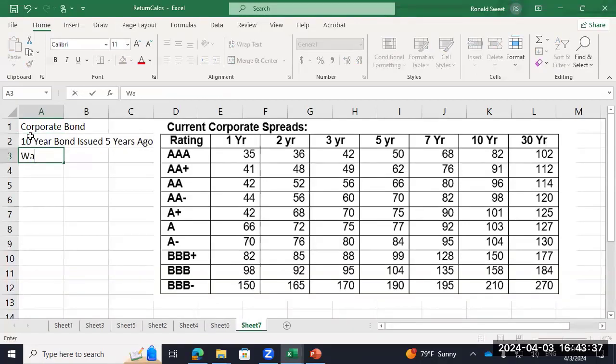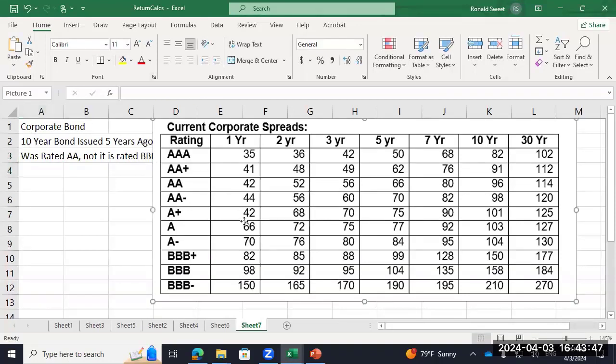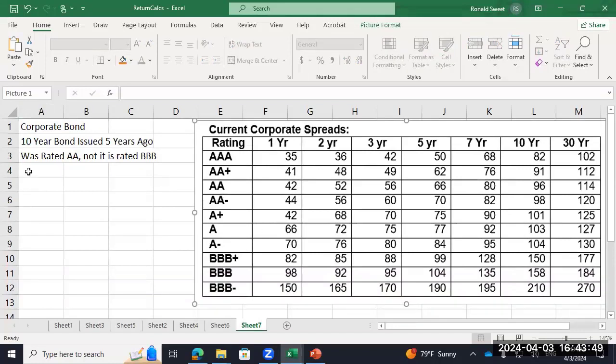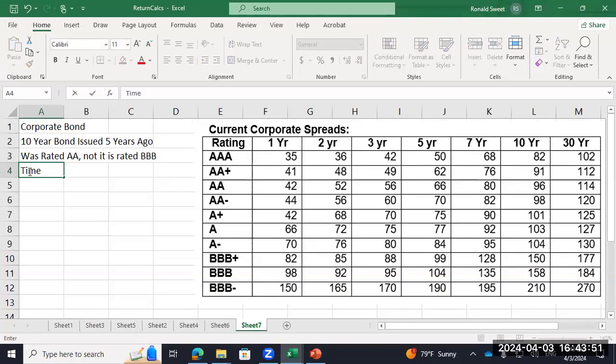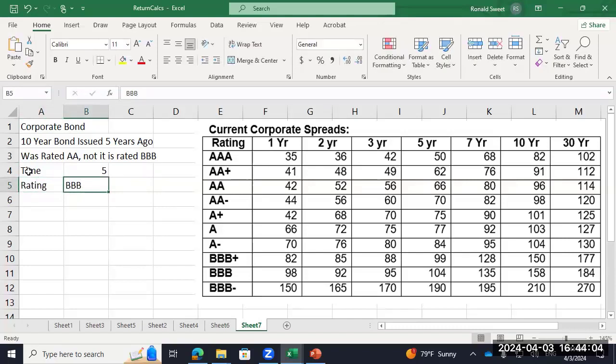It was rated AA. Now it is rated triple B. So what is my time here? 5 years. It's a 5-year bond. What's its rating? Triple B. You don't care that it was rated AA, other than that it's going to affect your coupon.